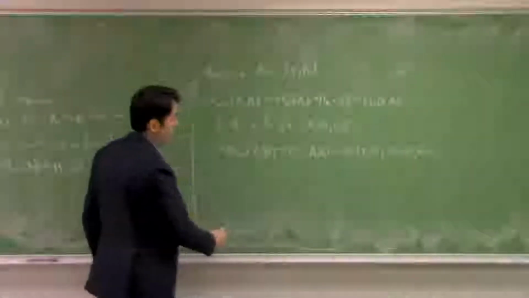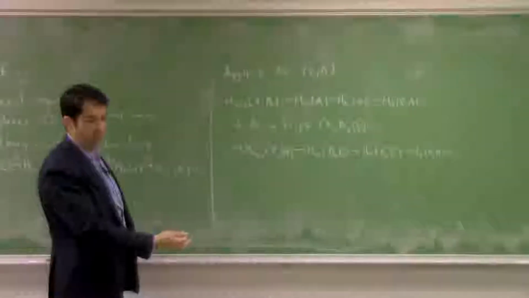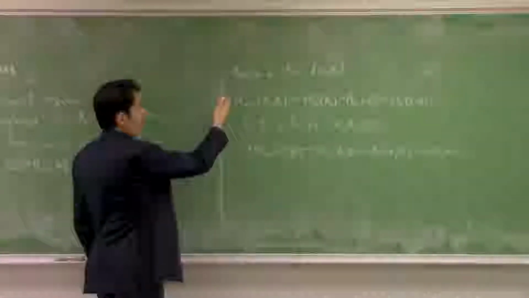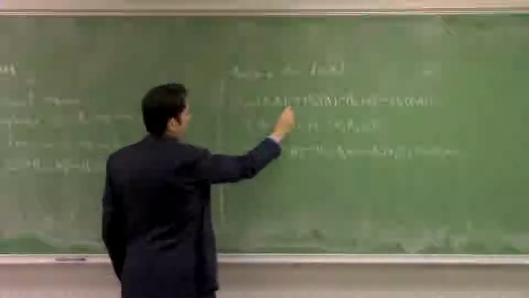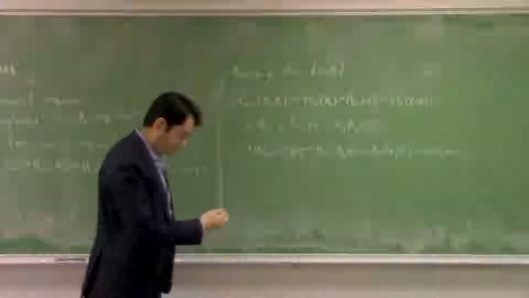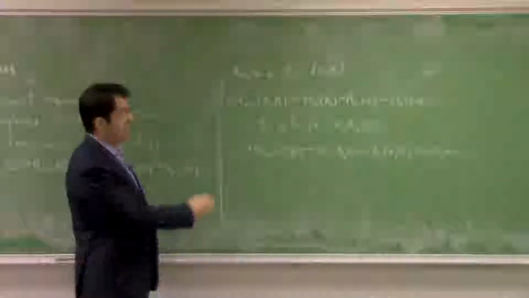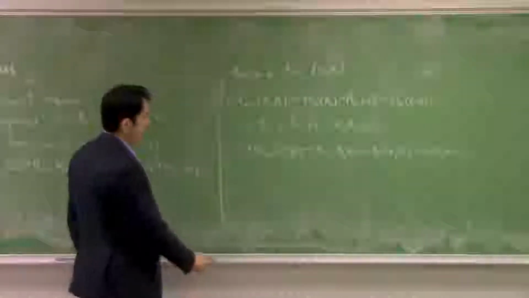Right, and this will happen over and over. Every time we have a short exact sequence, we get a long exact sequence. So the short exact sequence corresponding to the pair, or the augmented short exact sequence corresponding to a pair, and you get a long exact sequence in homology.